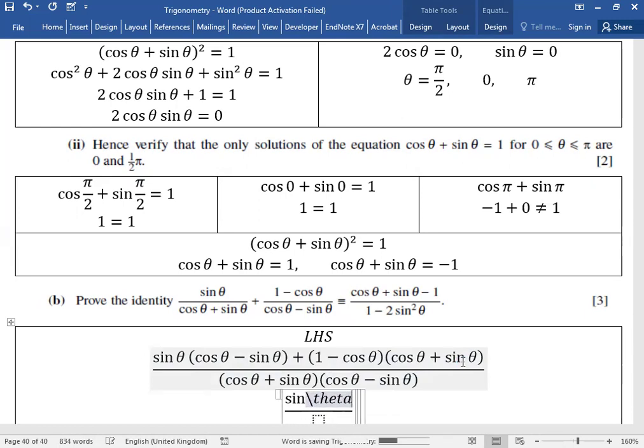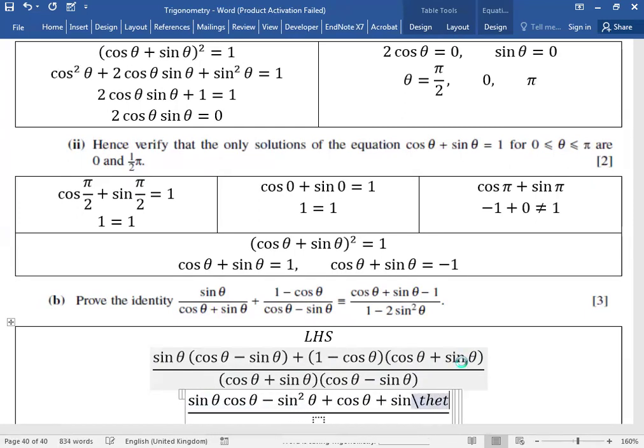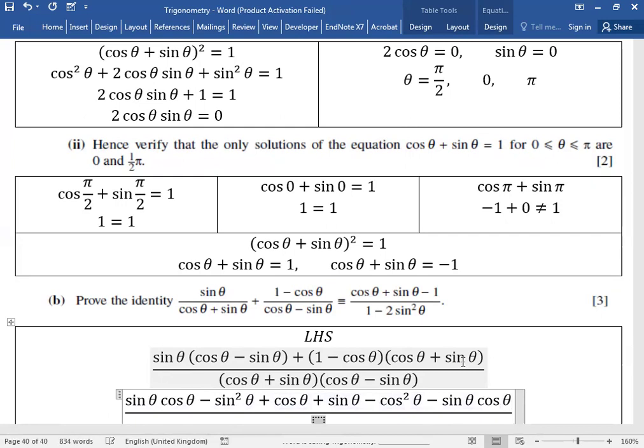So sin theta cos theta minus sin square theta plus cos theta plus sin theta minus cos square theta minus sin theta cos. नीचे तो आ गया cos square theta, a plus b and a minus b.